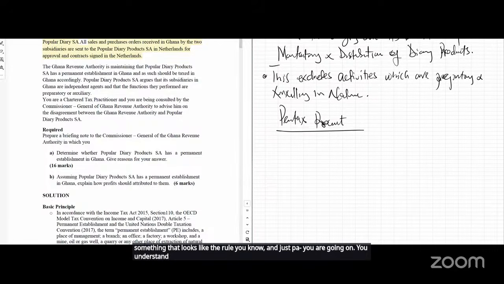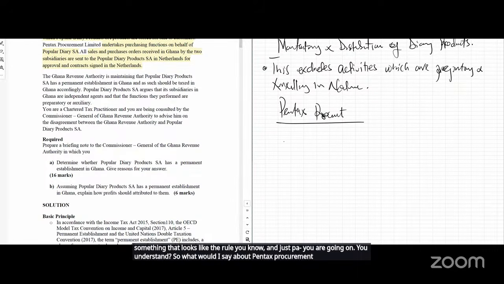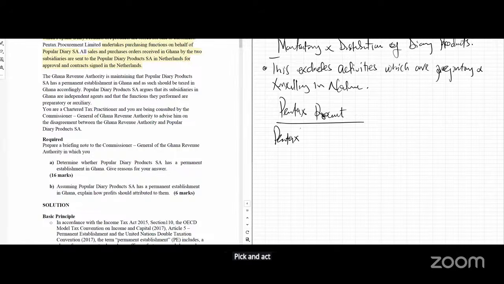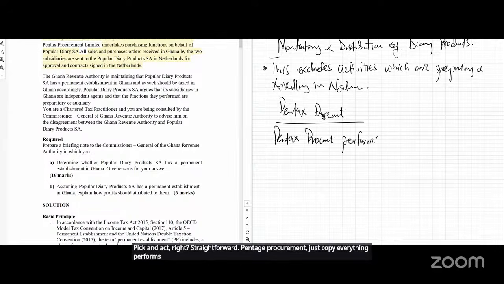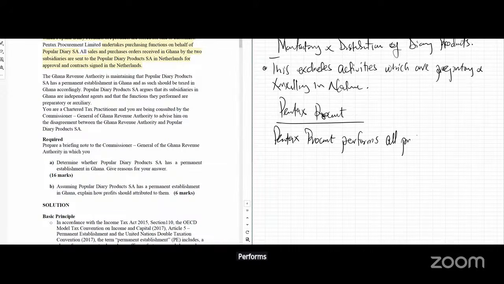So what would I say about Pentax procurement? Pentax procurement performs all purchasing functions of the group, right?